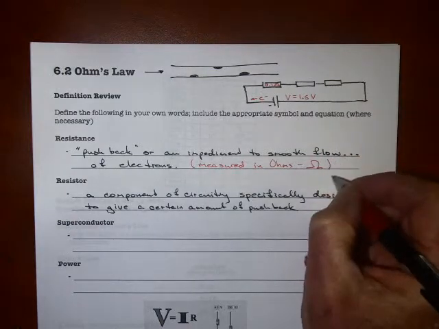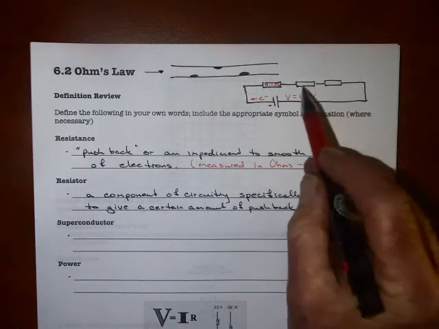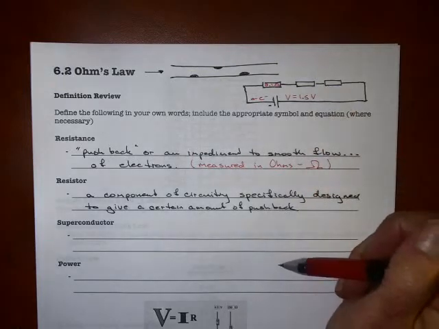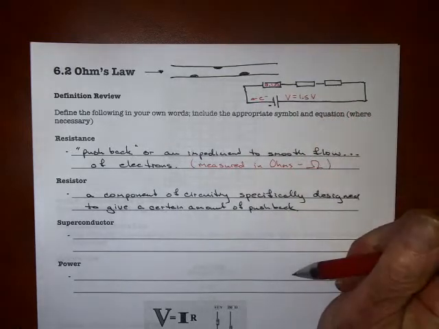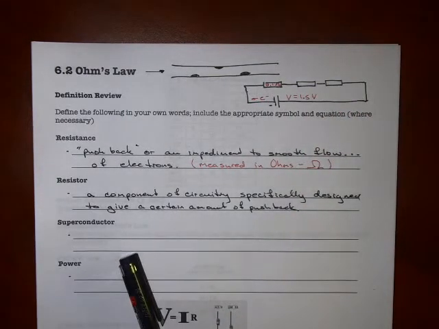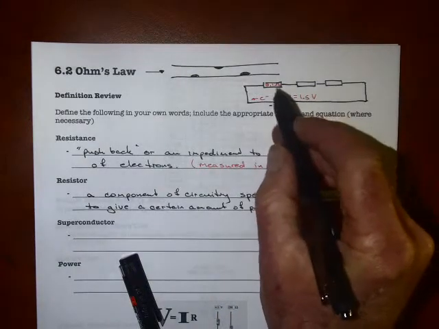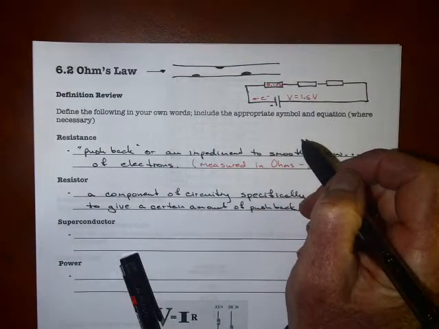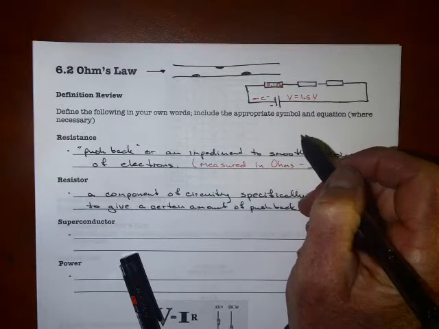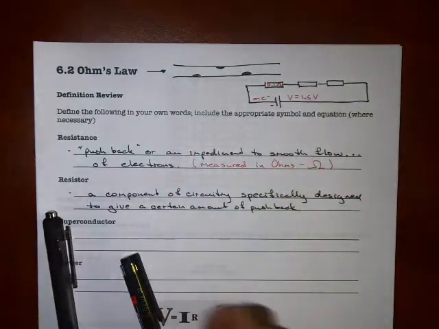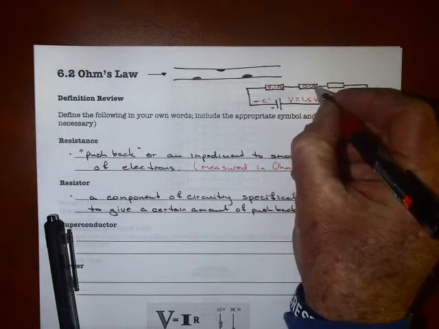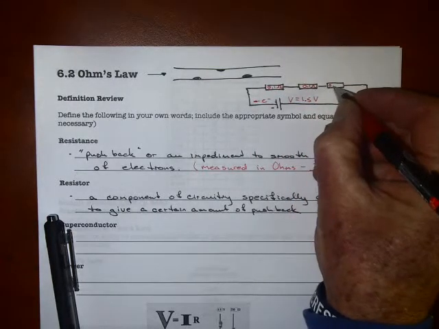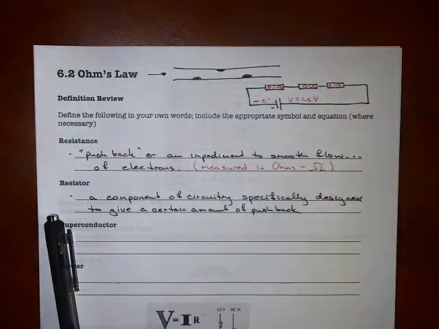And let's say that these weren't in place at first. Let's just say that we have this wire. I've left room for these to be resistors. So let's suppose that you only have one resistor in place. Well, if you have that, the current is going to be greater than if you added another identical resistor and a third identical resistor, right?